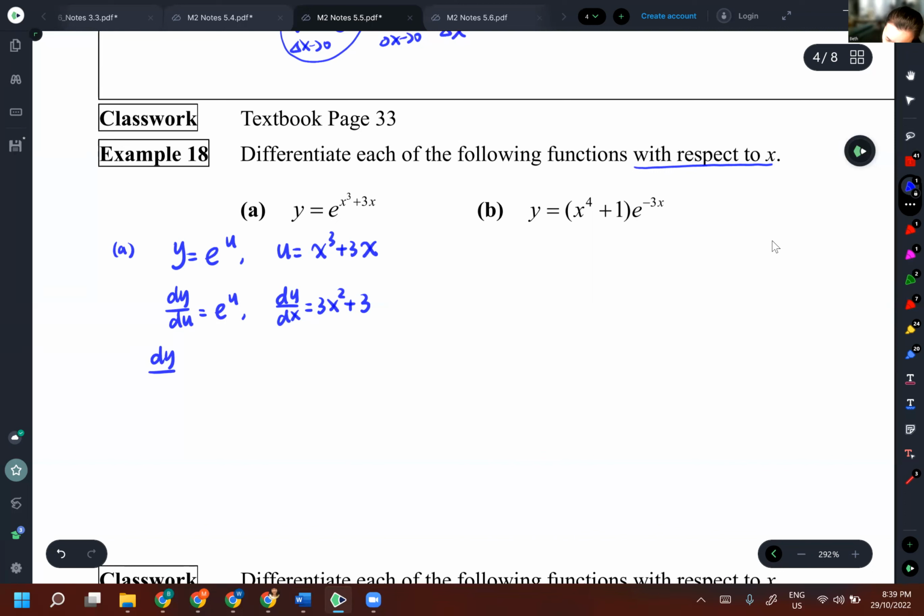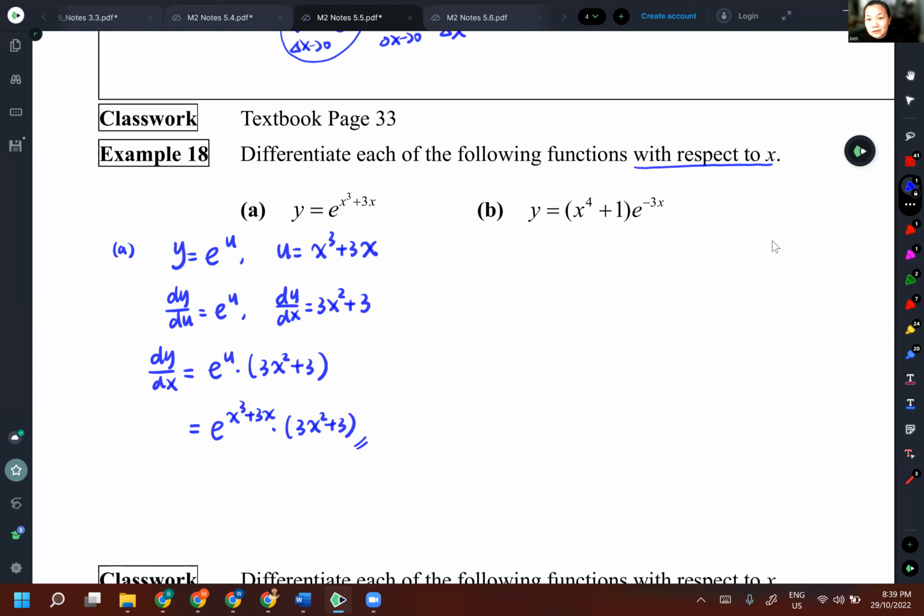So dy/dx equals dy/du times du/dx, and that is this answer. And then you're done. The final answer shouldn't be expanded. This one, I really hope it's not expanded because I want the exponential and the polynomial to be separate.